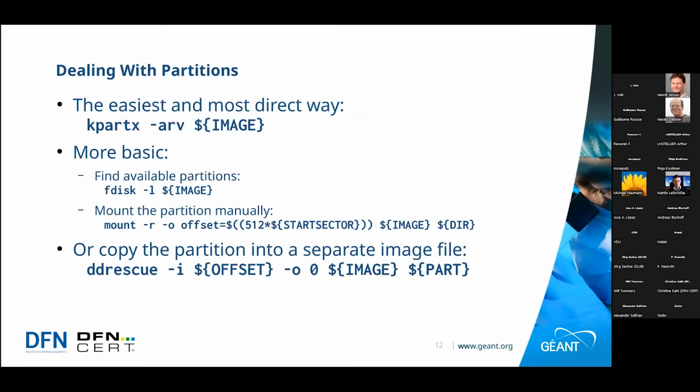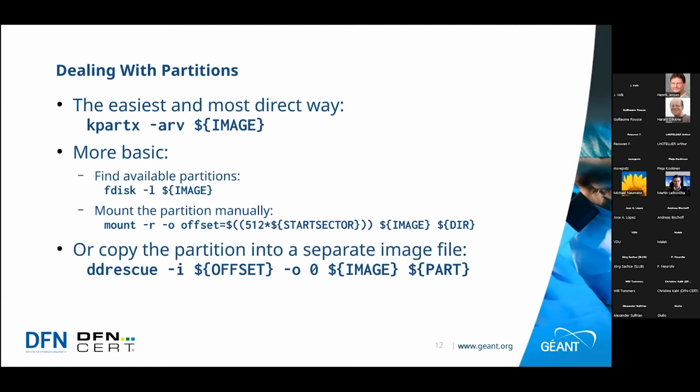So kpartx will take an image file, and if you tell it to add partitions, it will scan the image file for partition tables, and if it finds partitions, it will create loopback devices and map them, so you can actually access that given partition that it has detected.